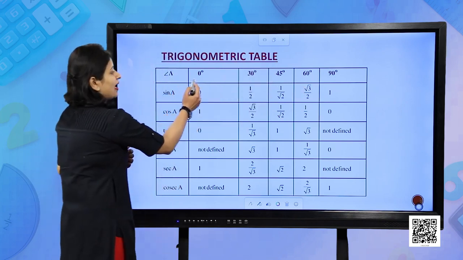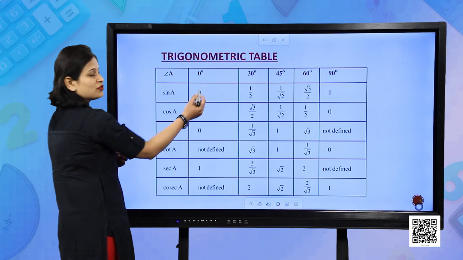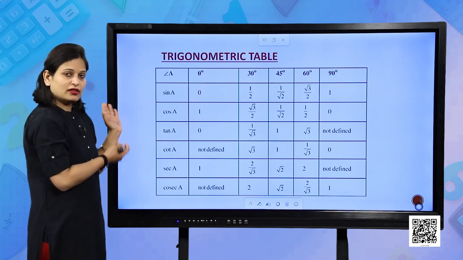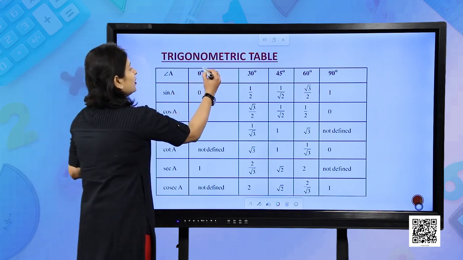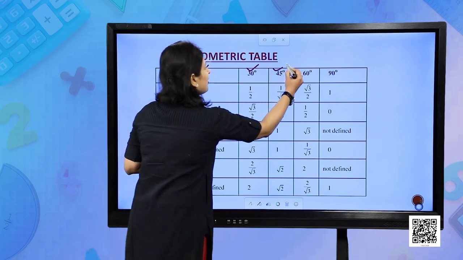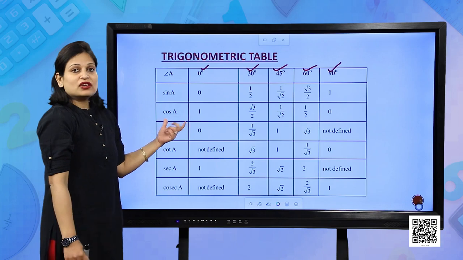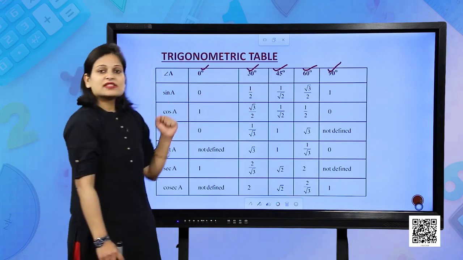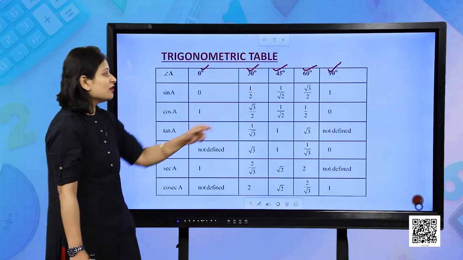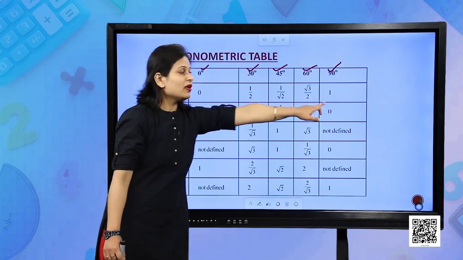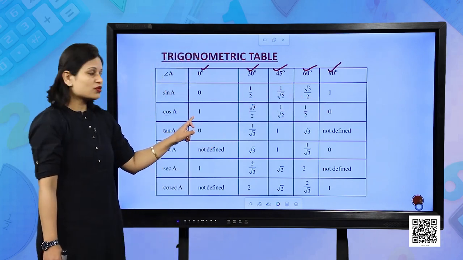Now, I have considered these angles which we have just already calculated in the previous slide: 0 degree, 30 degree, 45 degree, 60 degree and 90 degree. Cos function is just the reverse of sin function. Here you can see 1 is in the last column and here 1 is in the first column.